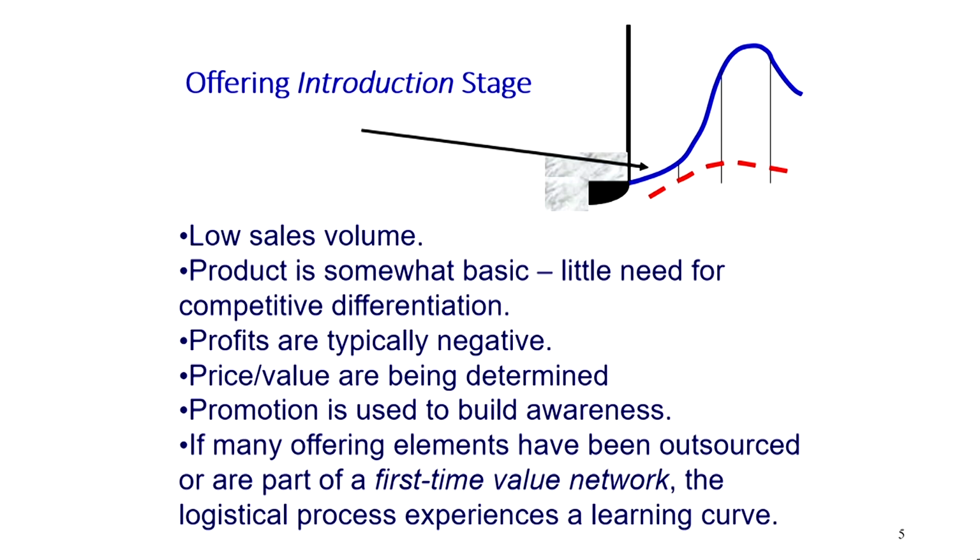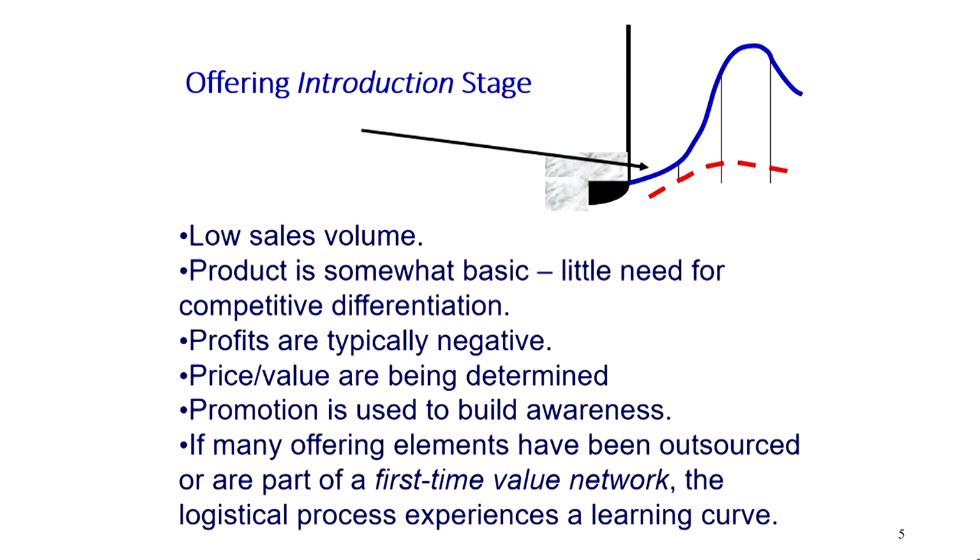The sales volume is low, as this graph shows here with the arrow, the slope is kind of at ease. The sort of low pickup is the feature of most product life cycles, and at this stage how the product will be differentiated may not be fully understood, because the competition may not have fully emerged.